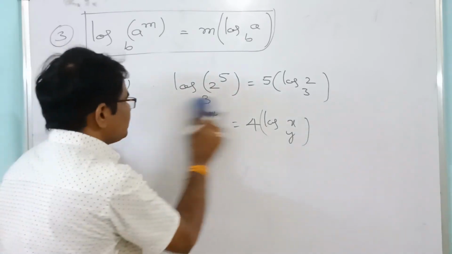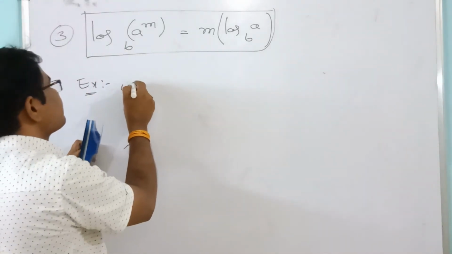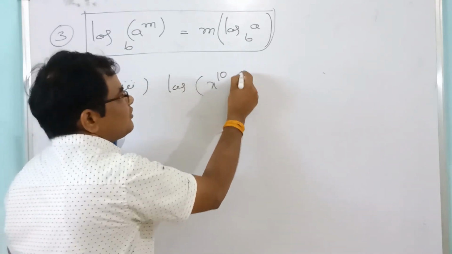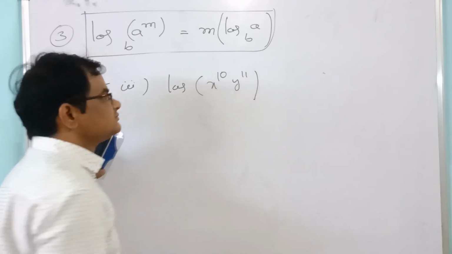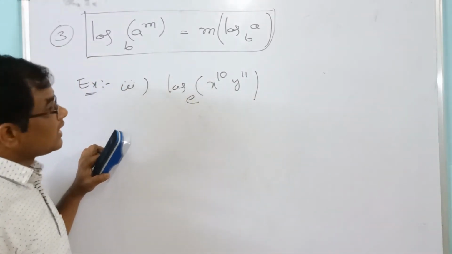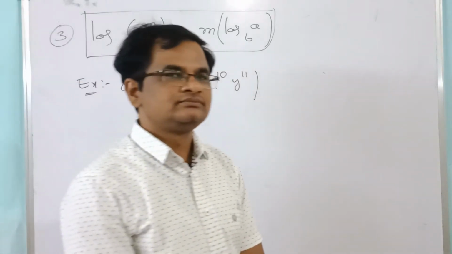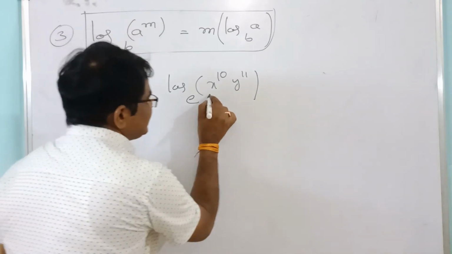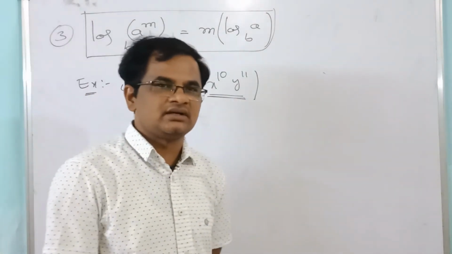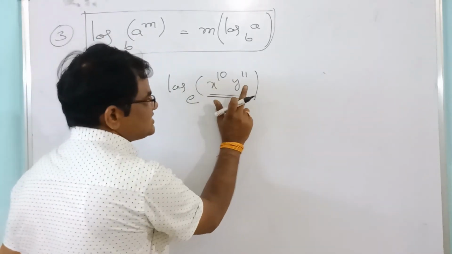Next, third example. Log of x to the power of 10, y to the power of 11, to the base e. First, it is in the form of a product of two terms. So by the first property, this is m, this is n, we have to write.